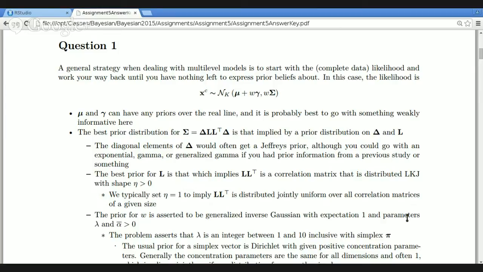But if you happen to have some good prior information, maybe you had data on these variables from a previous study or something along those lines, you could use an informative prior for the diagonal elements of delta, depending on how much information you have, or basically working up from Jeffreys prior to an exponential prior, which has one parameter, to a gamma prior that has two parameters, to a generalized gamma that has three parameters, etc. But in this case, it's just simulated data, so you don't have any basis really for having an informative prior about delta or much of anything else.